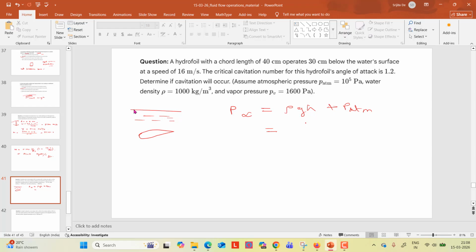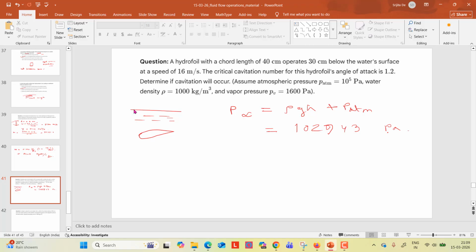So 9.81 into 1000 into 0.3 meter, plus 10 to the power 5 Pascal. It is coming as 102943 Pascal, the upstream pressure.